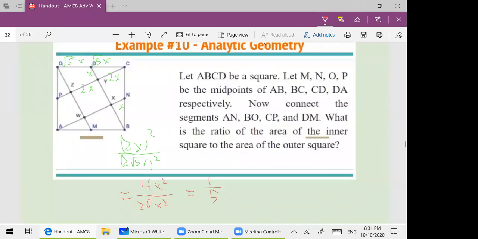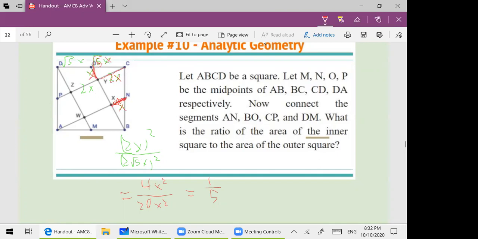Okay, so let this distance be x. And you know that N is a midpoint? So this to this is 1 to 2, so this is 2x. And also you know that this equals this because it's a square, so this is root 5x.